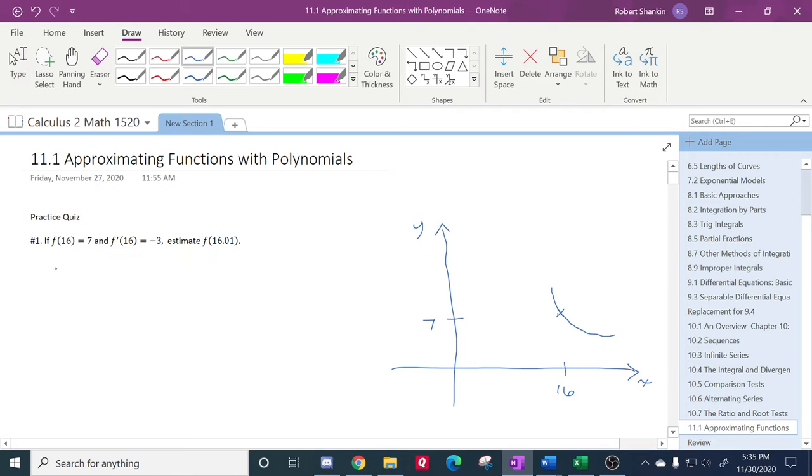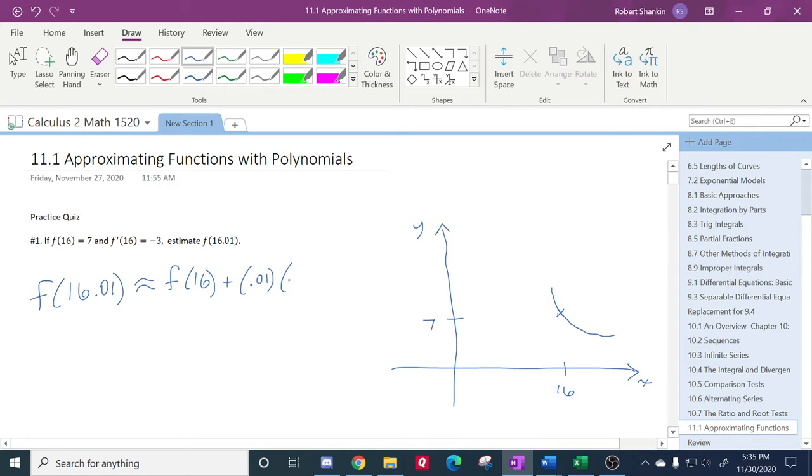Okay, so f of 16.01, our best estimate would be f of 16 plus, now if we went 1 unit over to the right, we'd expect it to drop by 3. But we're not going 1 unit over to the right. We're going 0.01 units to the right.